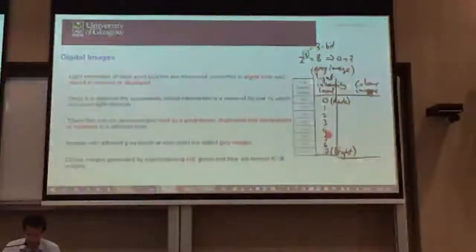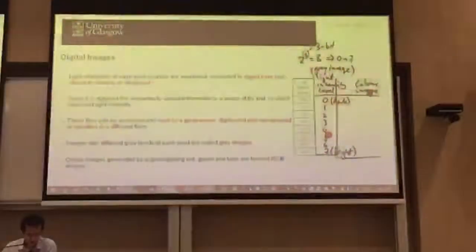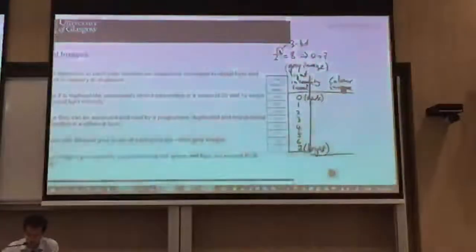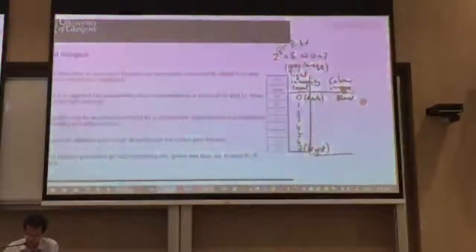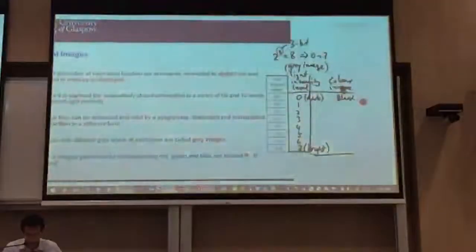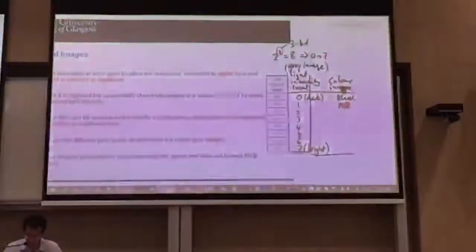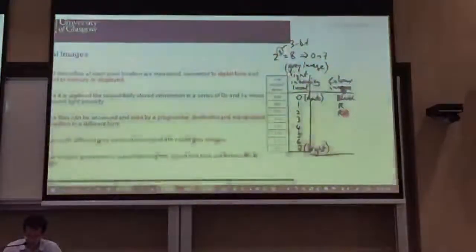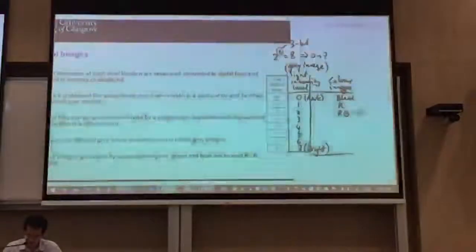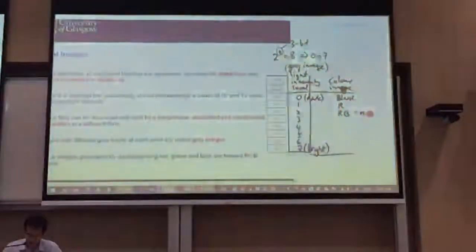So for a 3-bit color image, the first one will be black, and then it goes on to red, as in R, and then red, blue. So red, blue will give you magenta.